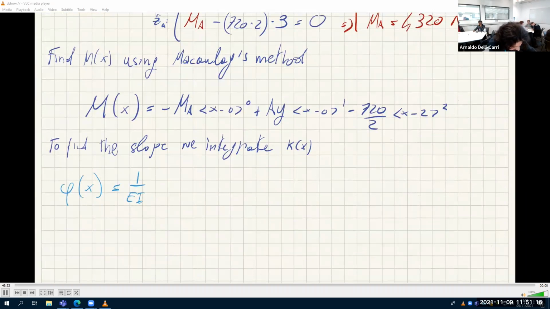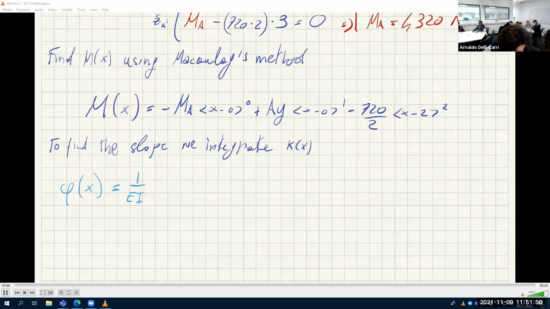Now, one thing I forgot to tell you about the singularity functions is that integrating them is extremely easy. The integral of x minus 0 to the power of 0 is x minus 0 to the power of 1 divided by 1. The integral of x minus 2 to the power of 2 is x minus 2 to the power of 3 divided by 3. They integrate exactly like polynomials, and that's what's powerful.